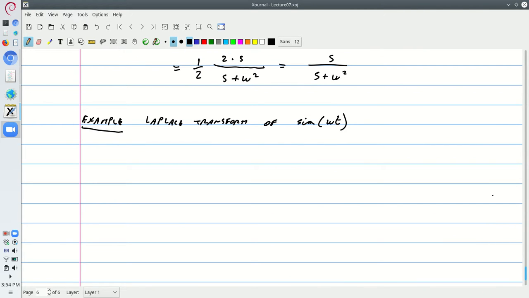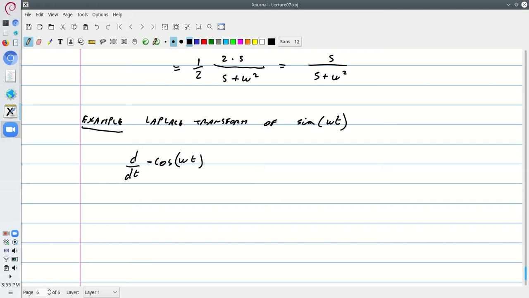We know that the derivative of sine is cosine, and that the derivative of minus cosine is sine. So we know that the derivative with respect to time of cosine of omega t is minus sine.